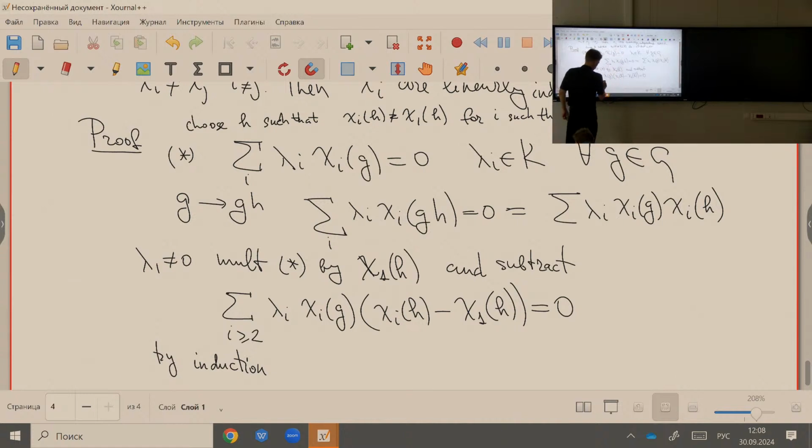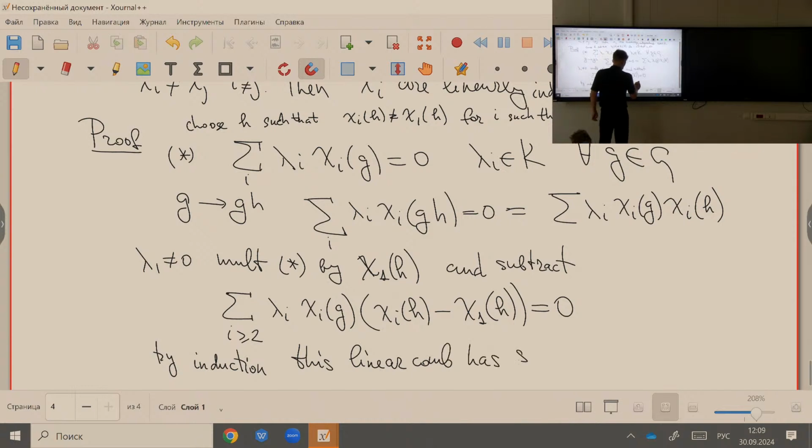And by induction this linear combination has a smaller number of terms.